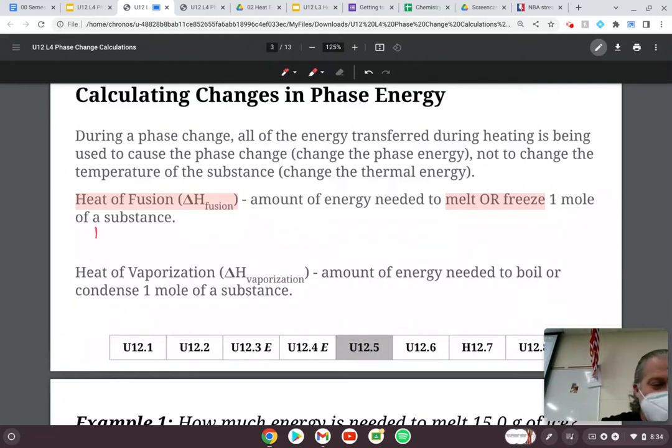So if we melt a substance, you have to remember that you are going from a solid to a liquid. And when you melt something, you're generally adding energy, so that's going to be endothermic.